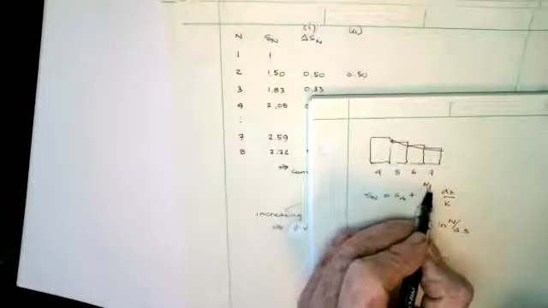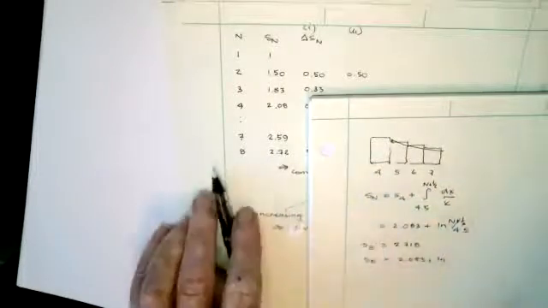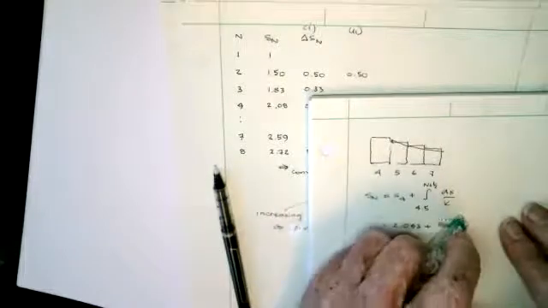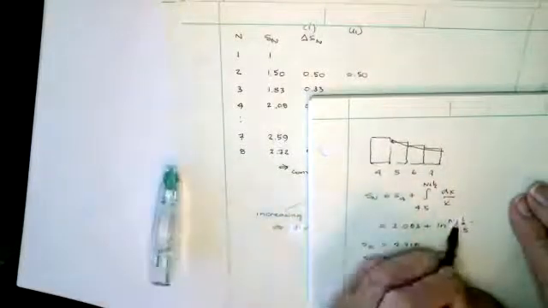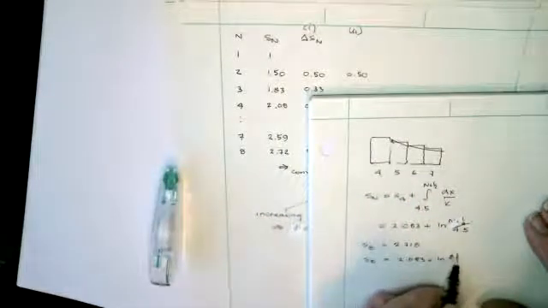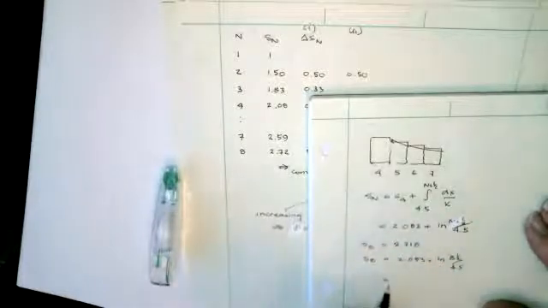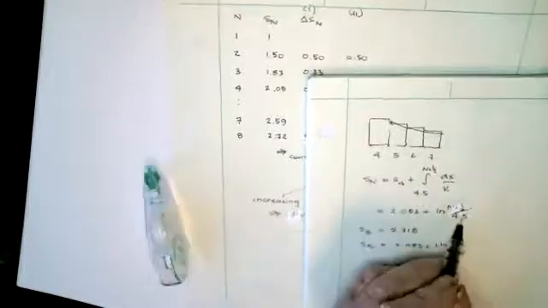This should be n plus a half. Sorry. My mistake. So it's accurate.